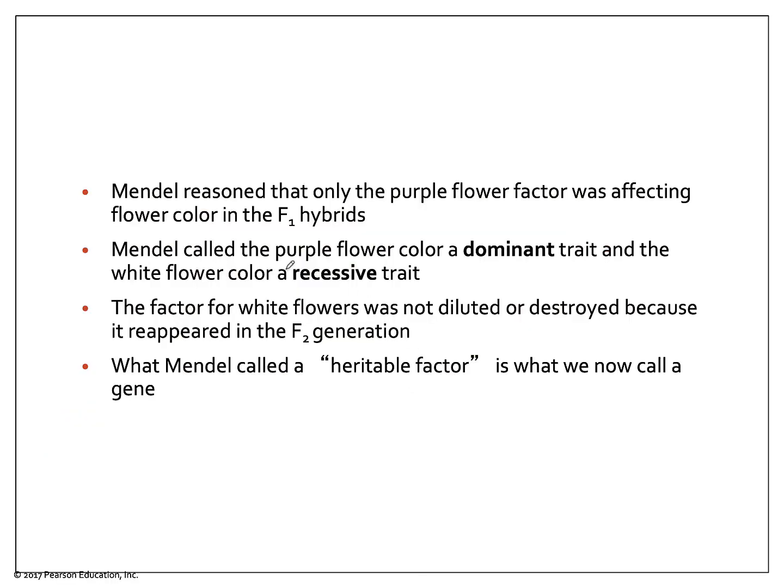So what he deduced from this is that the purple flower color was dominant, meaning that it dominated over the white. So when they were both available, purple was chosen. And the white flower color is a recessive trait, meaning that it is completely covered up by the purple when both of them are present. What he found by doing the F2 generation was that it was not diluted or destroyed.